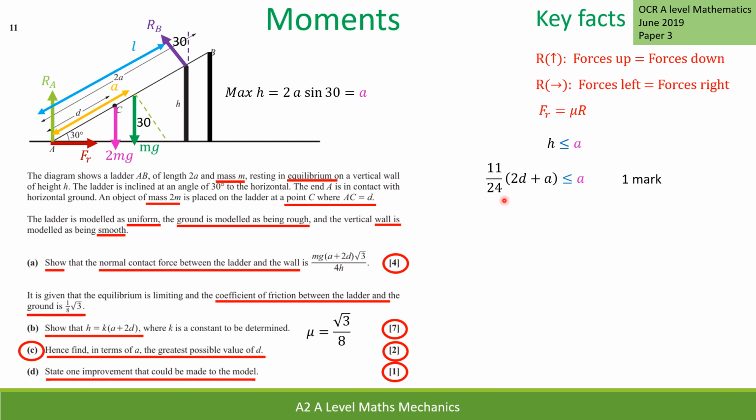From here, we're just going to multiply by 24, divide by 11, take a away from both sides, leaving me with 2d is less than or equal to 13a over 11. Divided by 2 gives me d is less than or equal to 13a over 22, and this is for your second mark. These were very tricky 2 marks in the exam, so give yourself a big tick if you managed to get them correct. Well done.